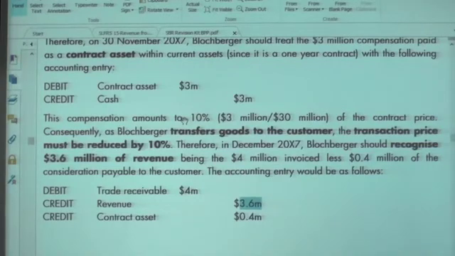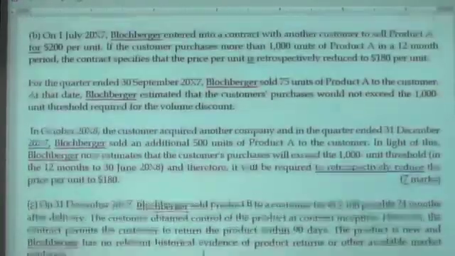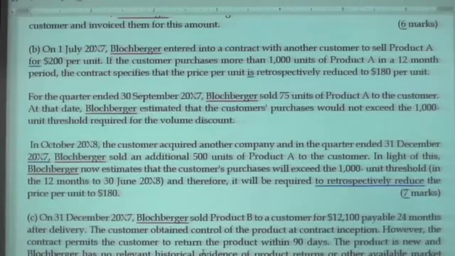Clear? The balance P&L credit as revenue. Is that okay?